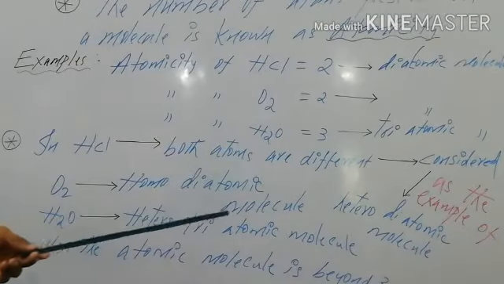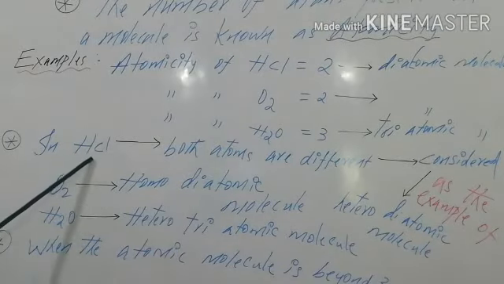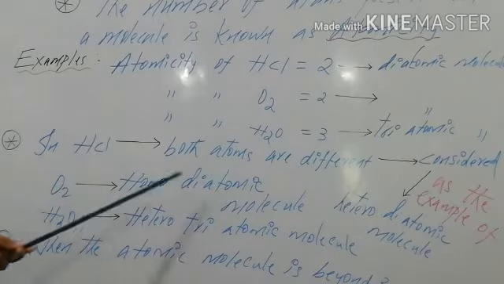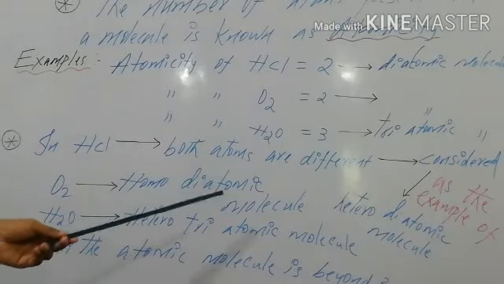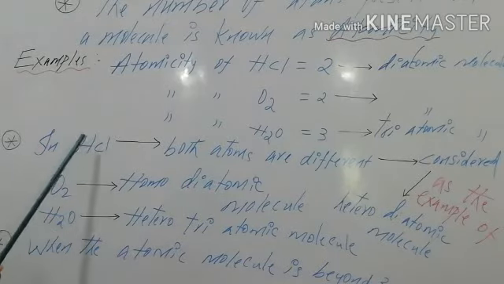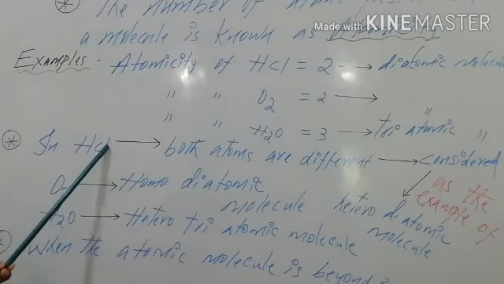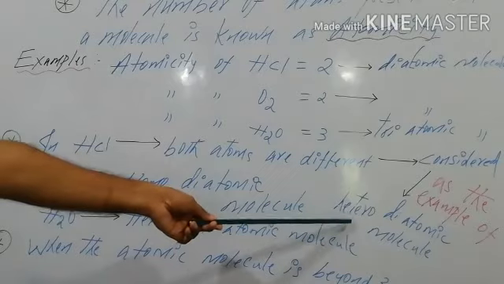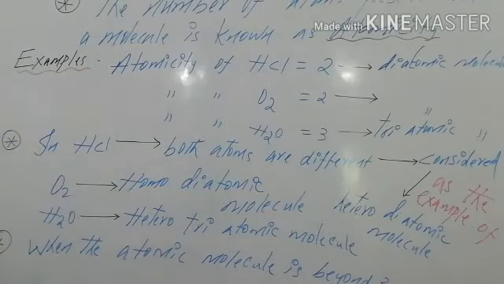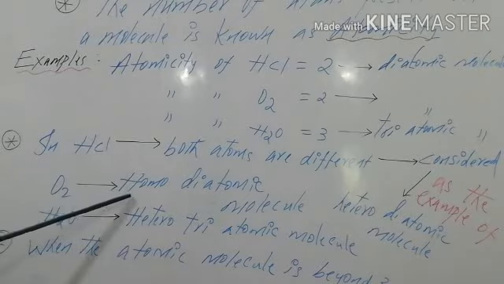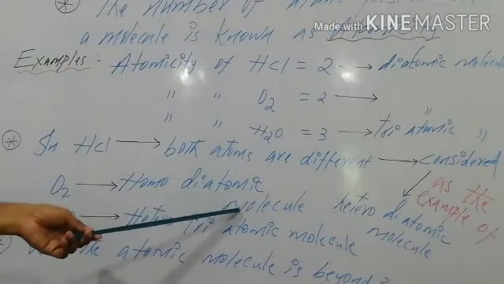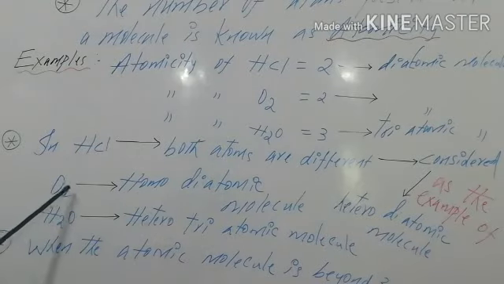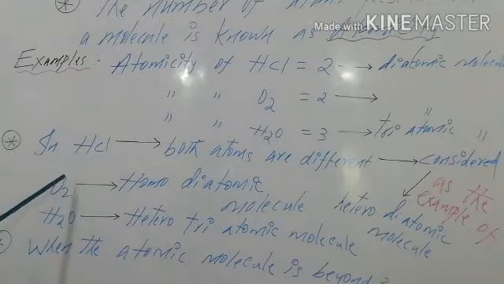Hydrochloric acid, though it is an example of a diatomic molecule, has both atoms different. That is the reason it is called a heterodiatomic molecule. What about oxygen? Oxygen is an example of a homodiatomic molecule because it contains 2 oxygens which are similar.